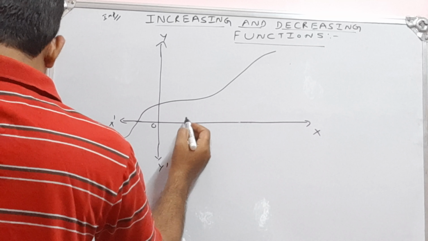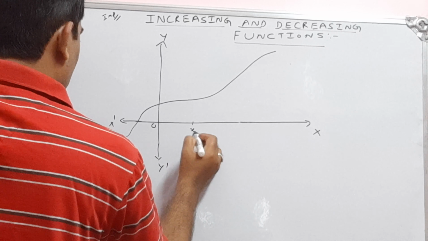Observe the graph here. If the graph is like this, it is a graph of the function y is equal to f of x. So I have drawn the graph of the function y is equal to f of x.